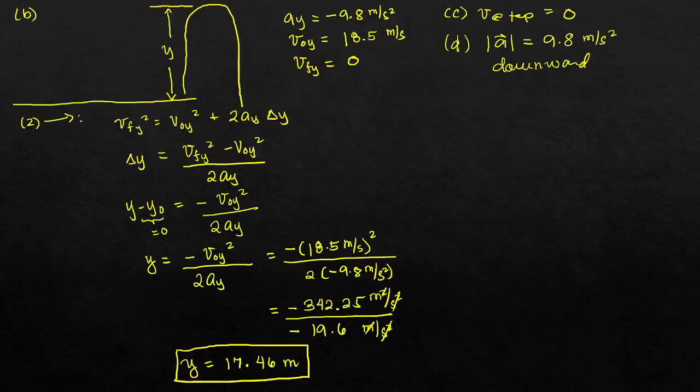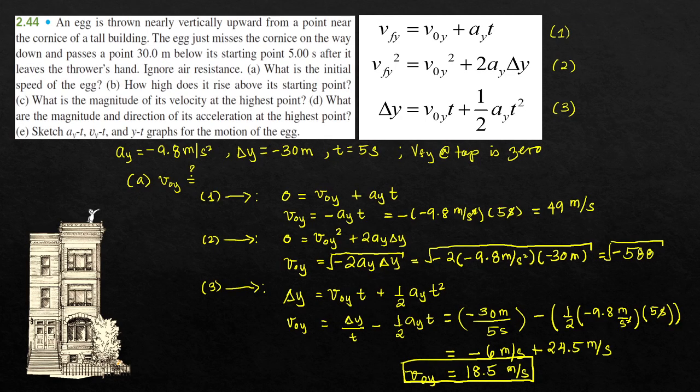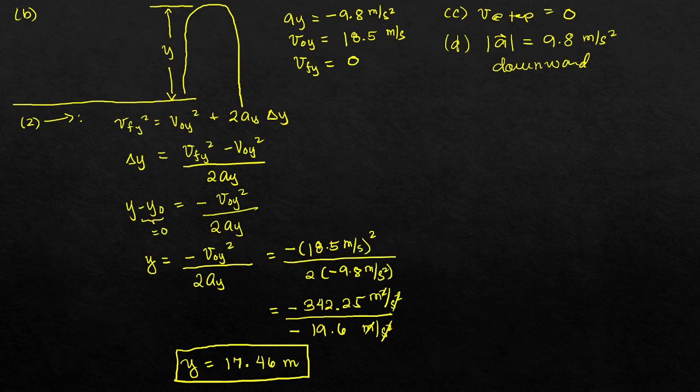Okay, now we are down to the last one, which is letter E. Sketch the graphs for the motion of the egg. Now, in order for us to have an accurate representation of the graph, instead of doing rough estimation with our computation, we will be utilizing a program known as Microsoft Excel.